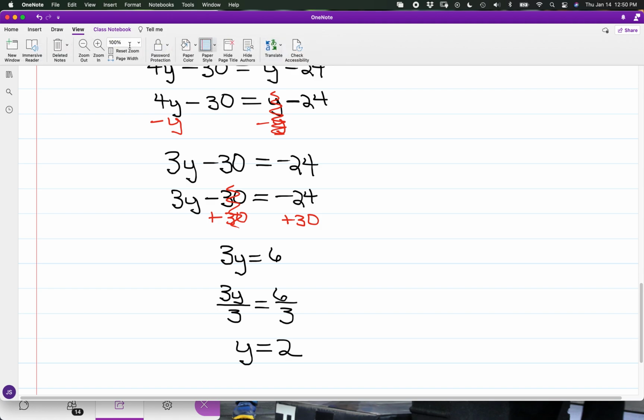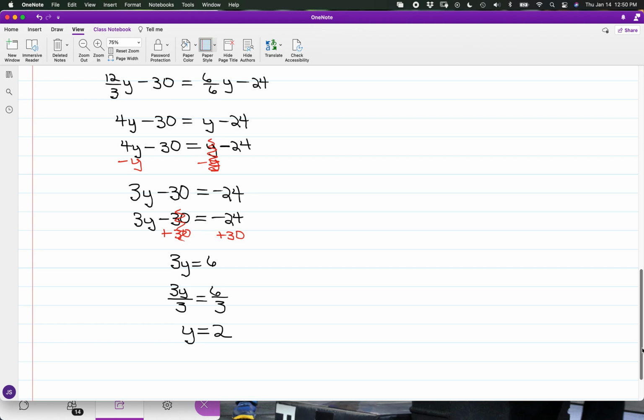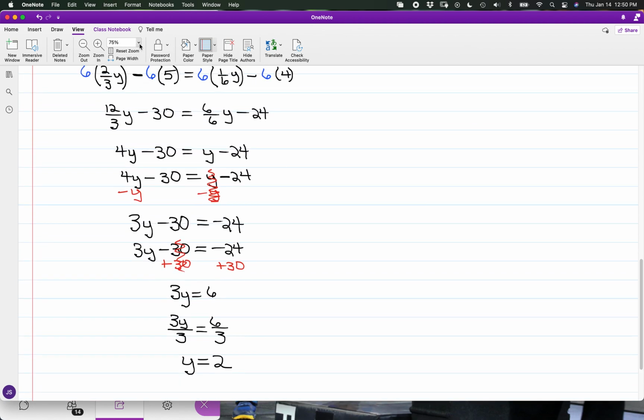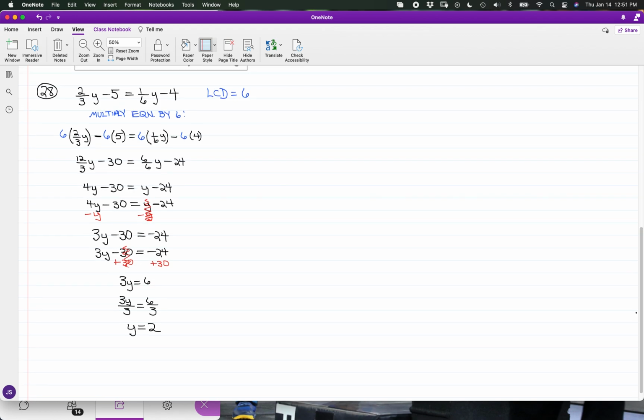So we have for this equation that we started out with, this is not the only way you could have combined the y terms, keeping the fractions. But if you took care of the fractions by multiplying every term in the equation by 6, or any other common denominator, and then reduced, we have y is equal to 2.